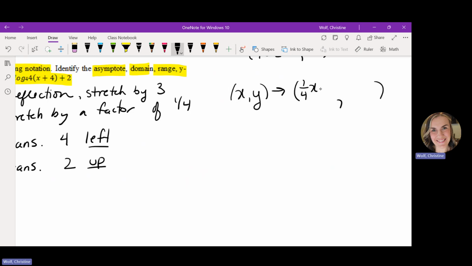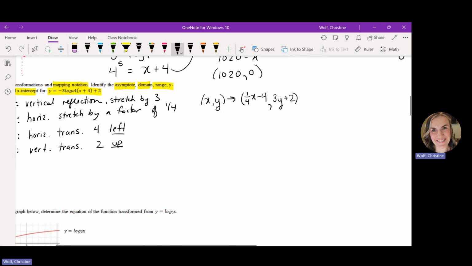But then also all of my x values are shifted left 4. And then your y values are affected by a vertical stretch of 3. So all of your y values are being multiplied by 3. And then after that, they're all being shifted +2 or 2 up. Okay, so we're done the transformations. We're done the mapping notation.